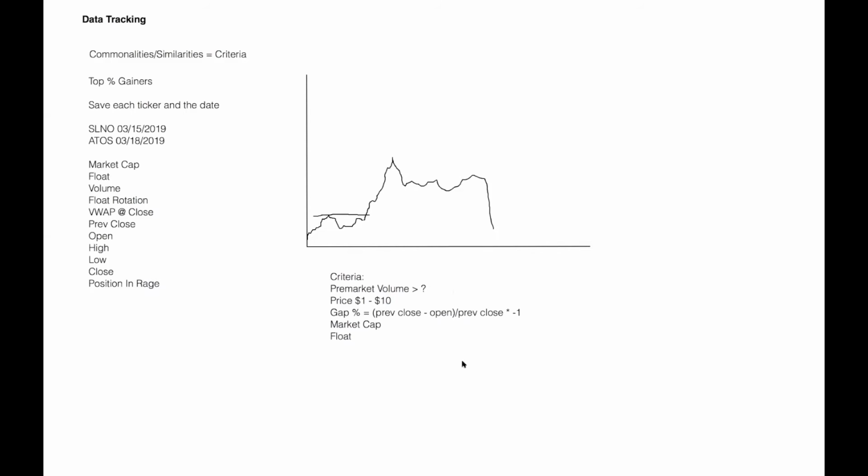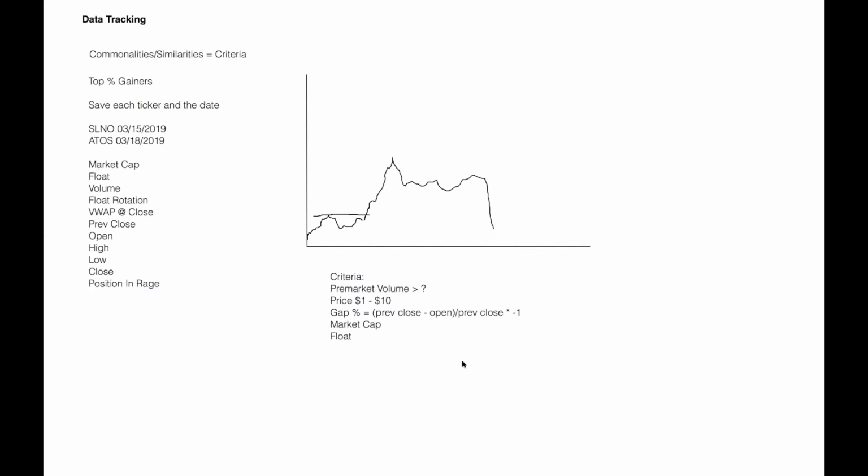But I'm going to narrow down my scanner to only find what I want to see. I'm not going to scan for everything and then try to find stuff. I'm going to minimize my scan to where it only focuses on what I want to trade, what I understand. I'm not going to go look at a scanner and say, we have 32 tickers that are gapping above 5%.